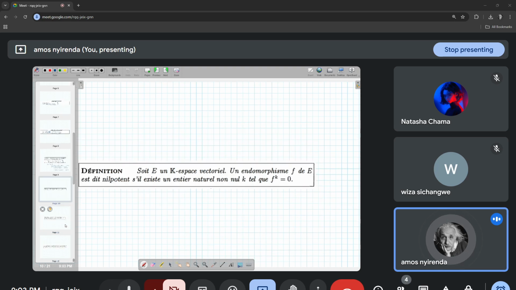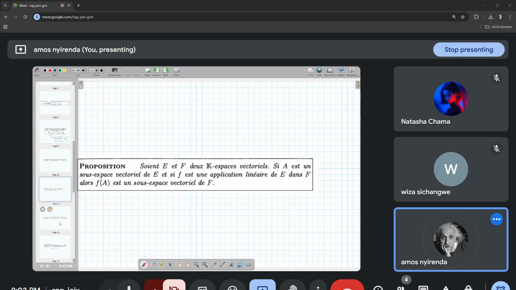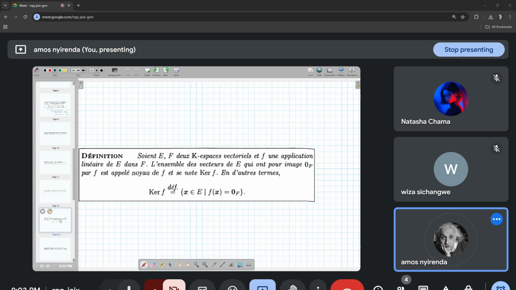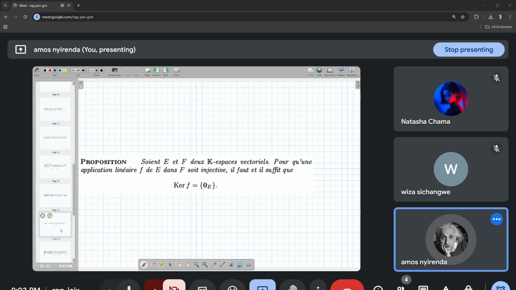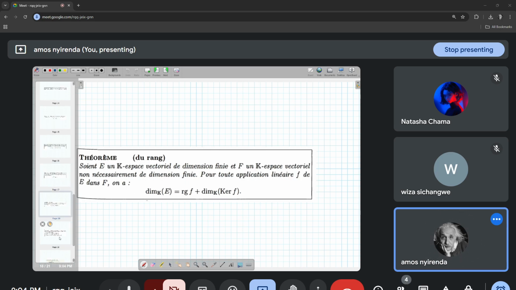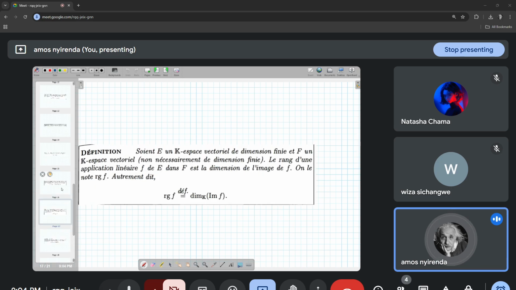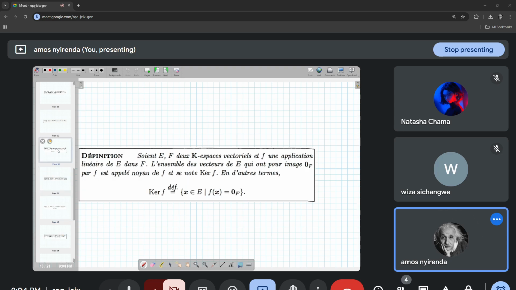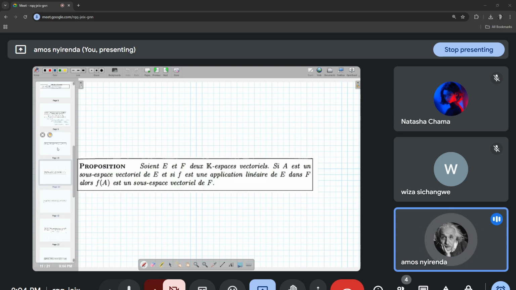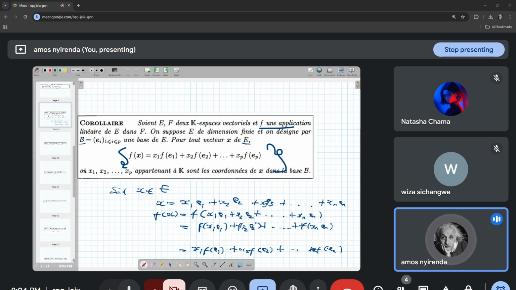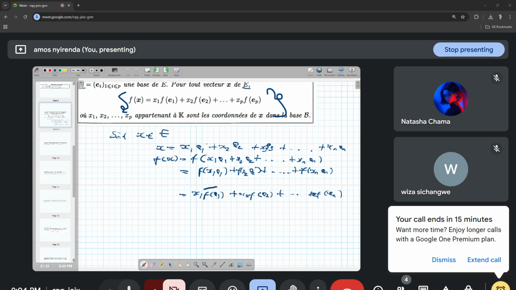Now, one very interesting implication of what I've presented before you is that a linear application is going to be fully defined by taking this composition with the basis elements.